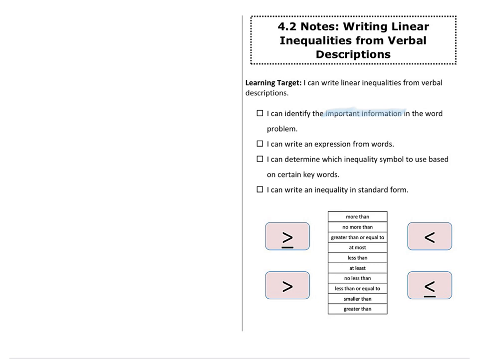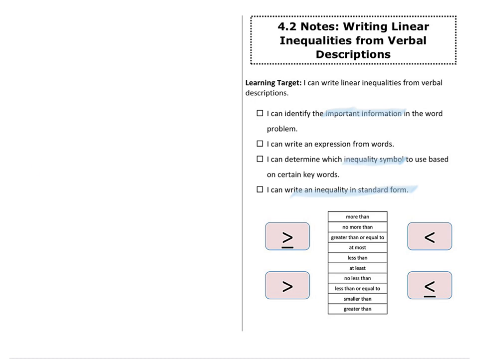This is similar to writing linear equations from word problems, but now it's an inequality. We're going to have to identify which inequality symbol to use based on the keywords and then write that inequality in standard form. You're actually mostly tested in standard form here.